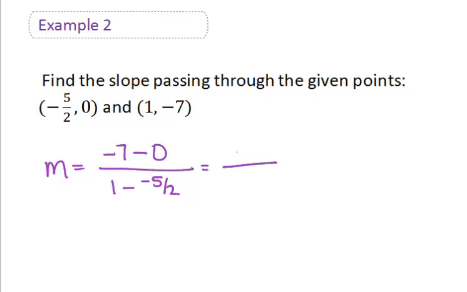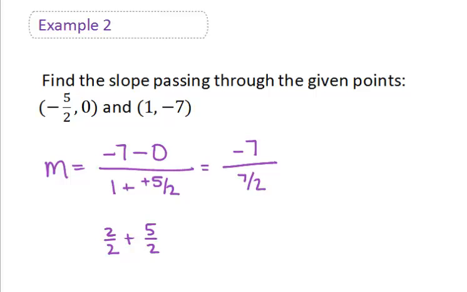On the top, that simplifies to be -7. On the bottom, my negatives cancel out, and I need a common denominator to add these. Well, I can write 1 as 2 over 2. So my bottom is 2 halves plus 5 halves, and that gives me 7 halves.